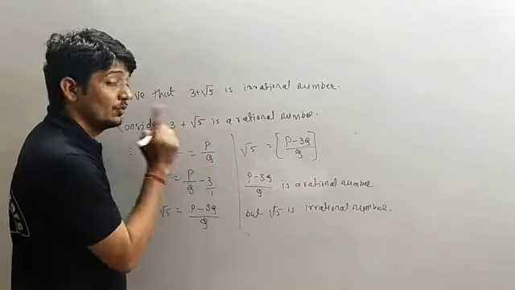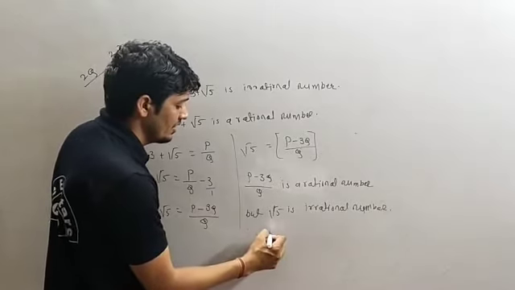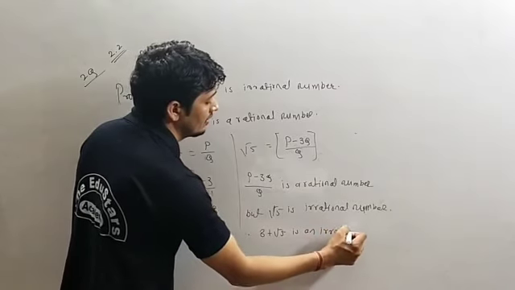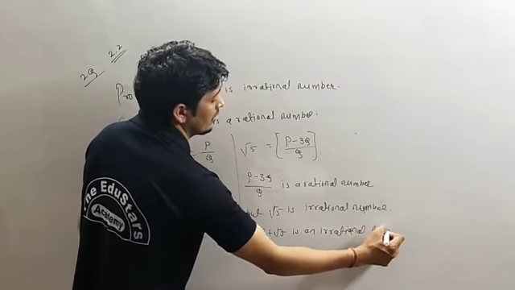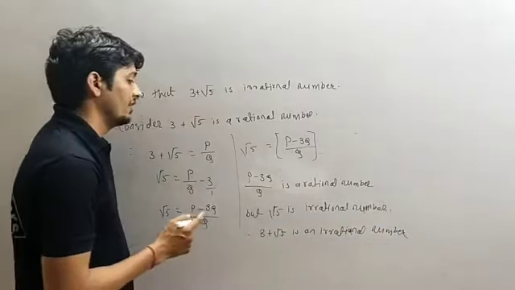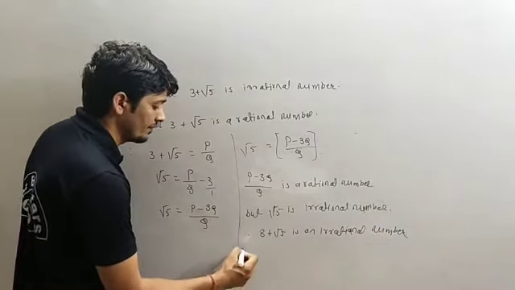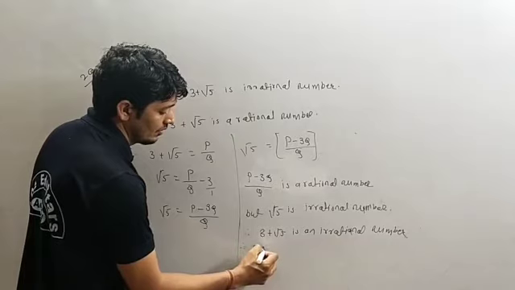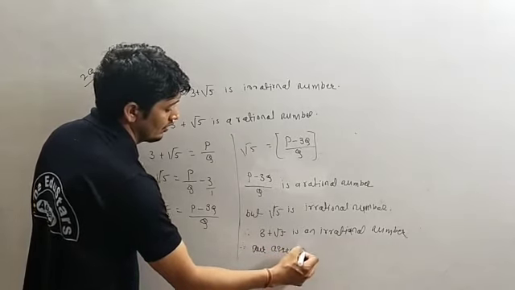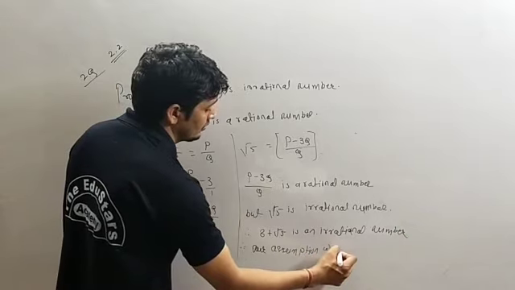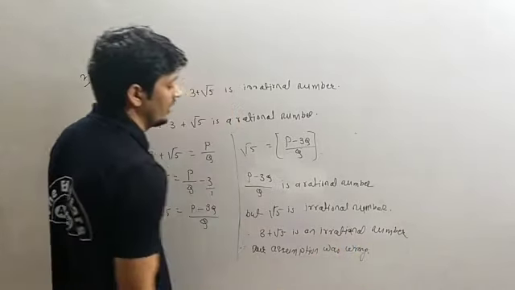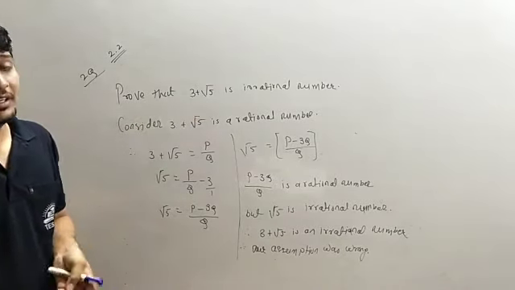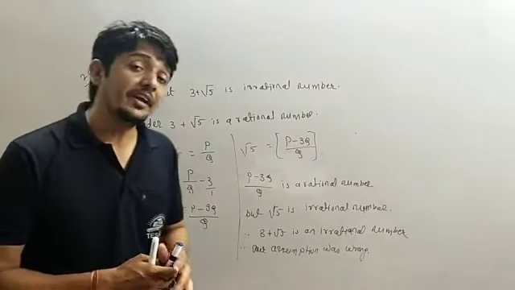Hence our prediction was wrong. Hence 3 plus root 5 is an irrational number. Therefore our assumption was wrong. So this is the way we show whether these numbers are rational or irrational.